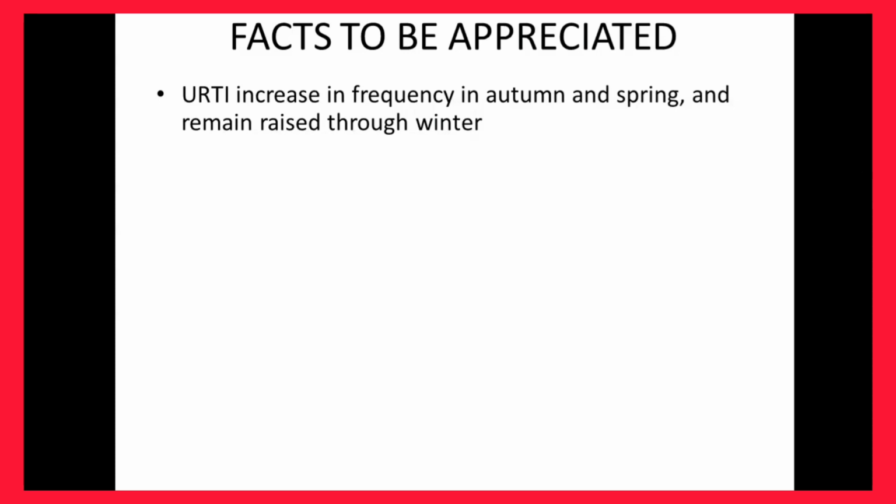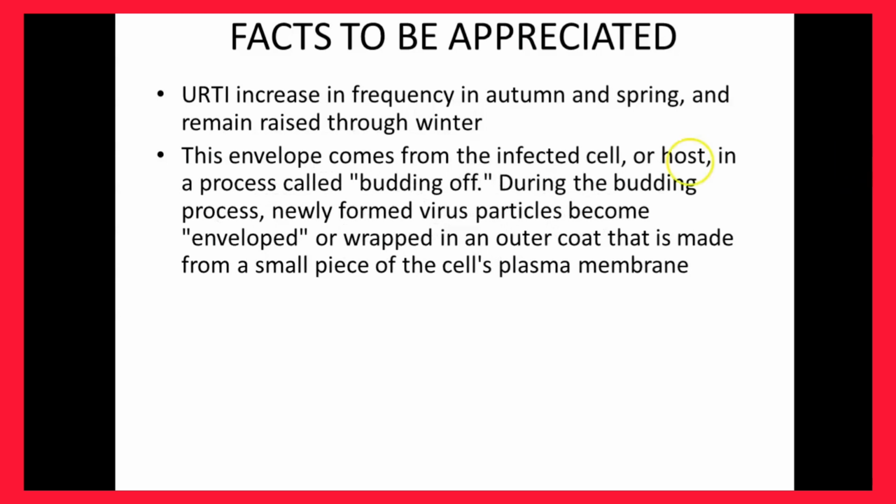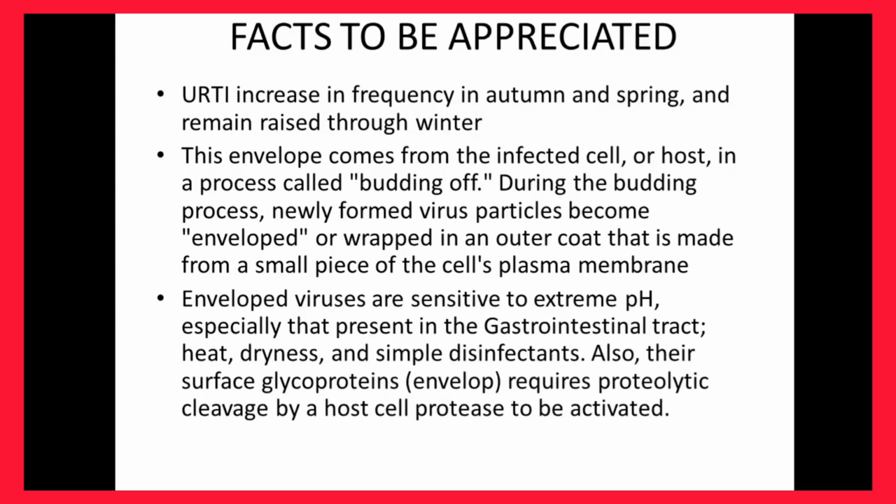That's where you get the majority of these envelope viruses. The envelope comes from the infected host cell in a process called budding, when they want to come out of the cell. During budding, newly formed virus particles become wrapped in an outer coat made from a small piece of the cell plasma membrane.